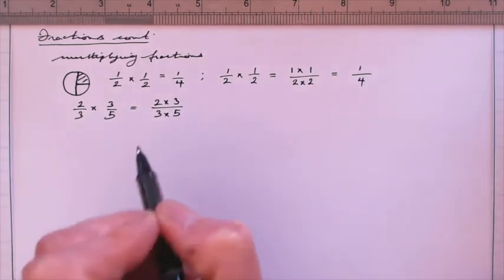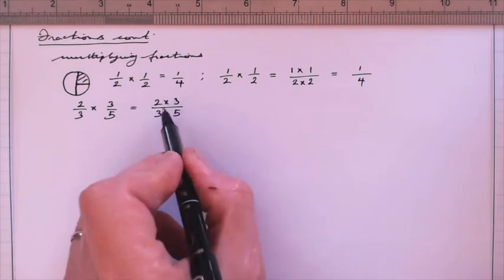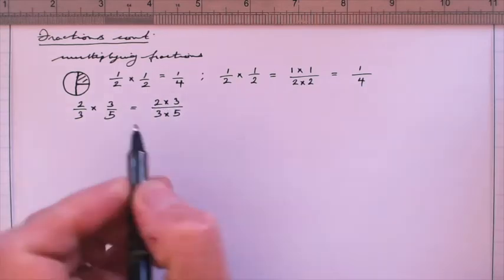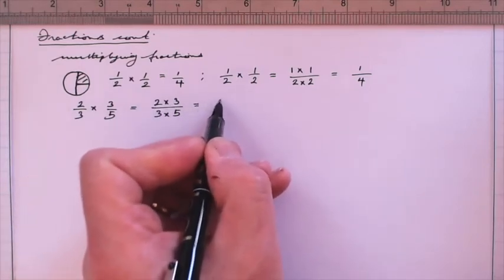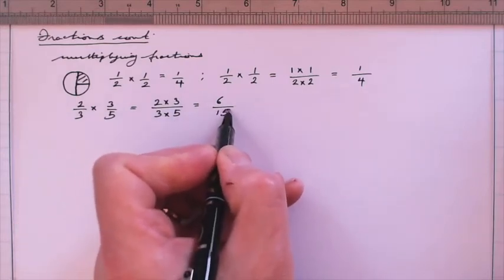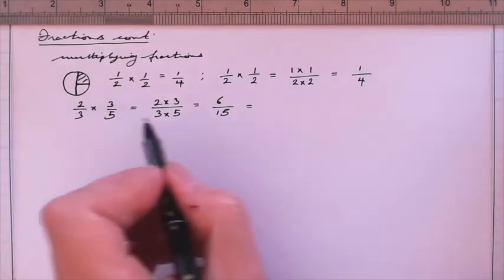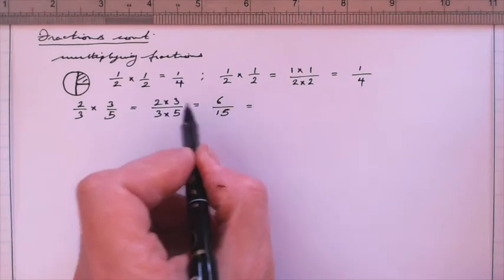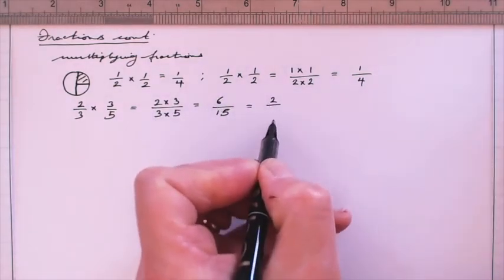Now you might see that we have a common factor on the top and the bottom, and we could, if we wished, just cancel those out to get 2/5. Alternatively, we can just keep going. 2 times 3 is 6, 3 times 5 is 15, and then 6/15 is a valid answer to the question. It can be simplified down to 2/5 because there is a common factor of 3 on the top and the bottom.